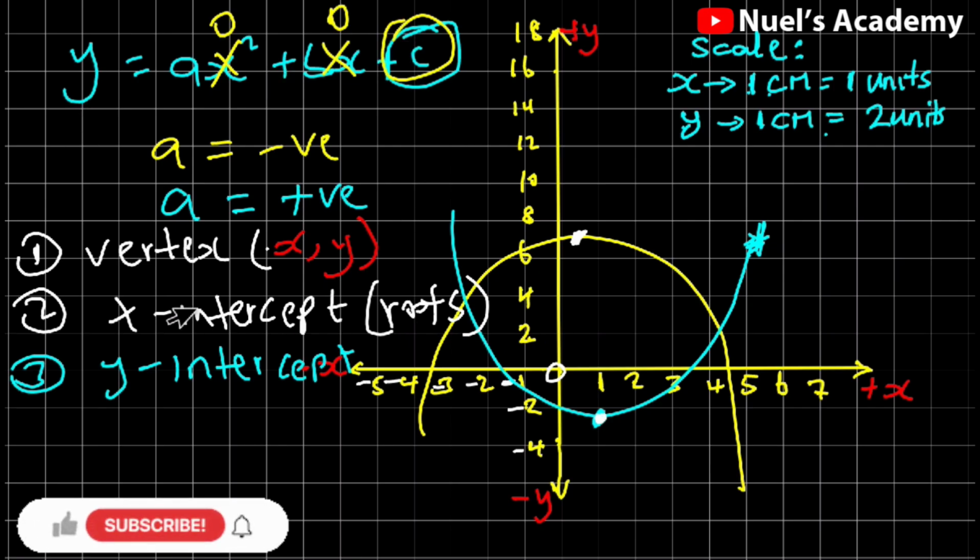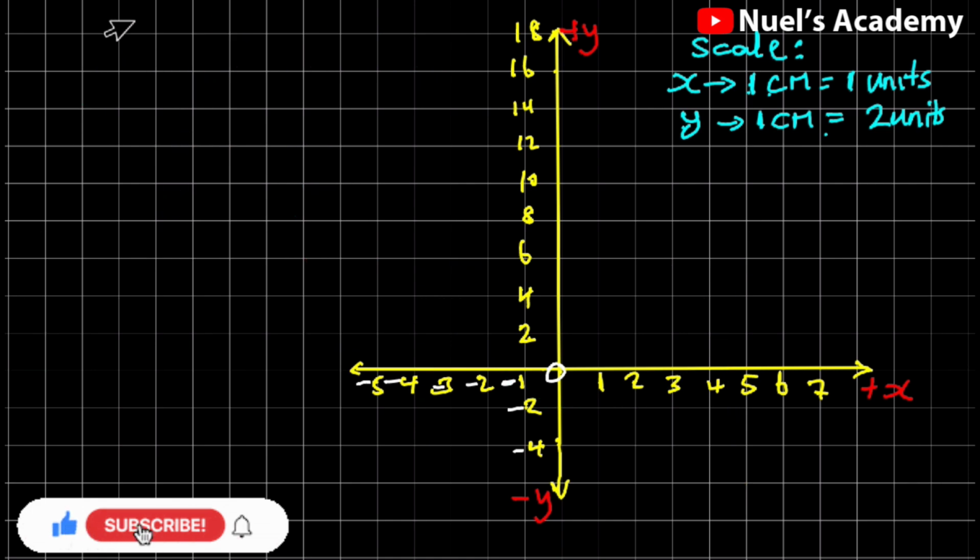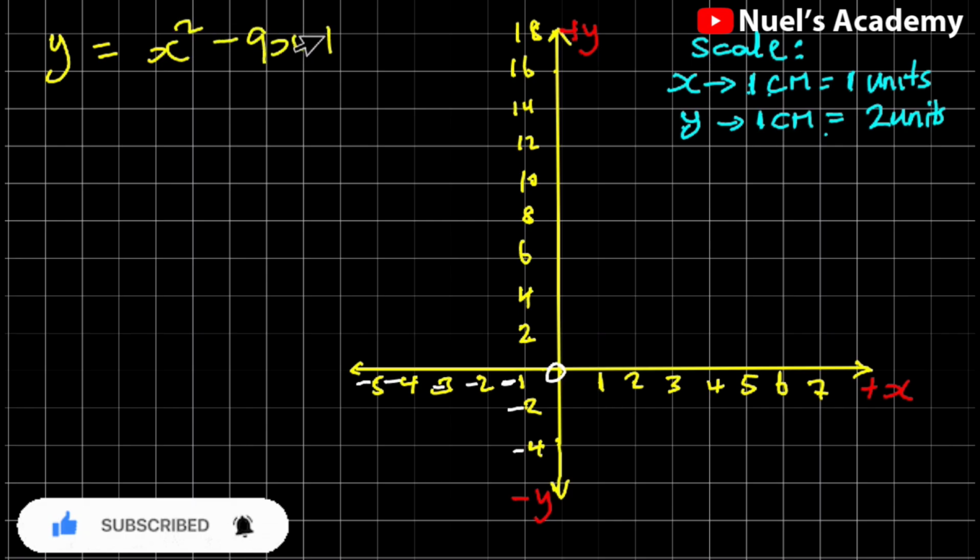So having explained this, let's go ahead and solve the following questions. The first question I'm going to solve is, if y is equal to x squared minus 9x plus 18, let's graph this function. Remember, the first thing we're going to find here is the vertex. The x-coordinate of the vertex is gotten by negative b over 2a.